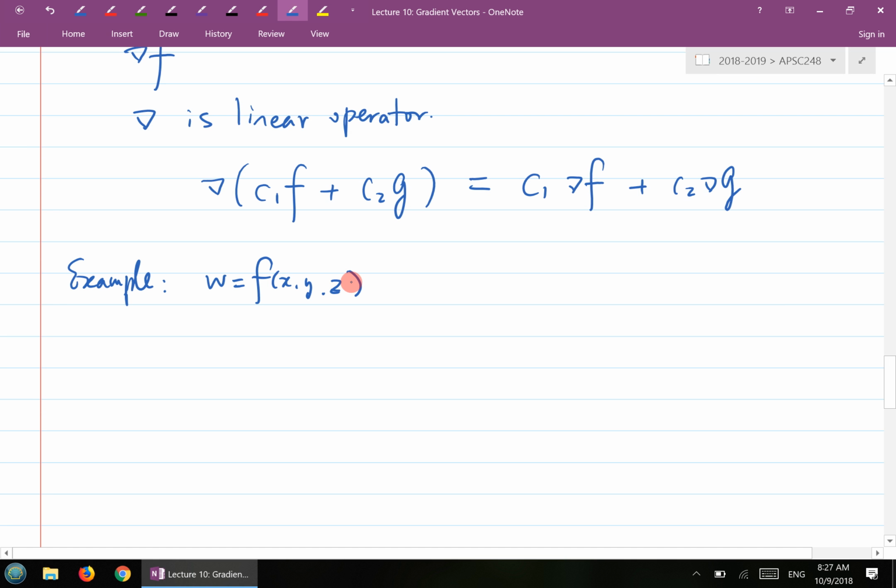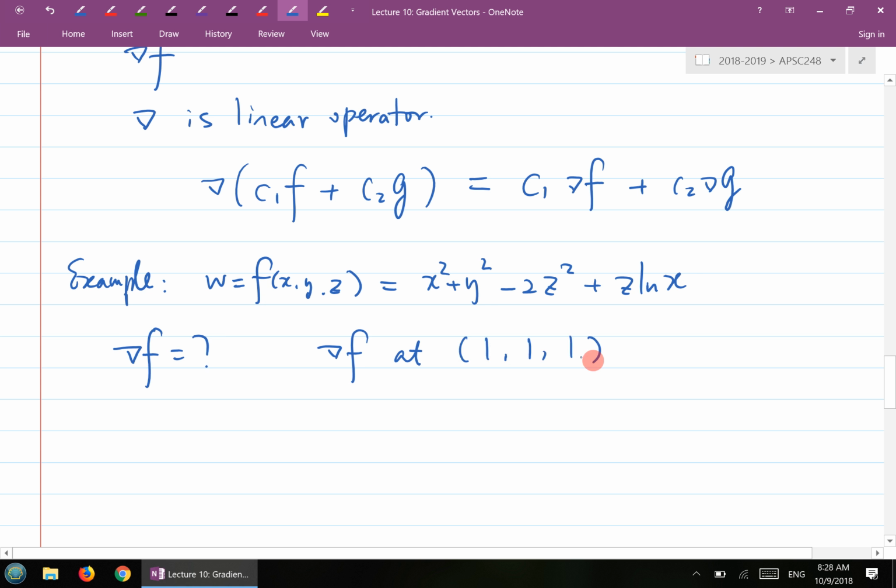Okay. So let's use a function of 3 variables to illustrate the computation. Here's the function of 3 variables, and we want to calculate the gradient vector of this function, and also the gradient vector at a specific point, 1, 1, 1.